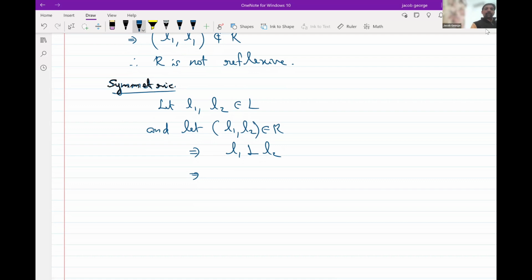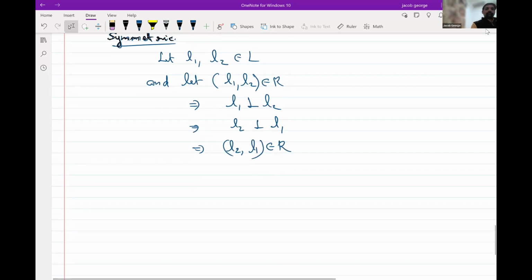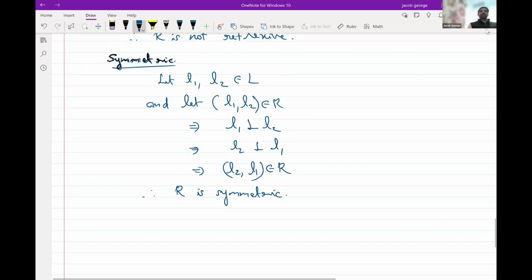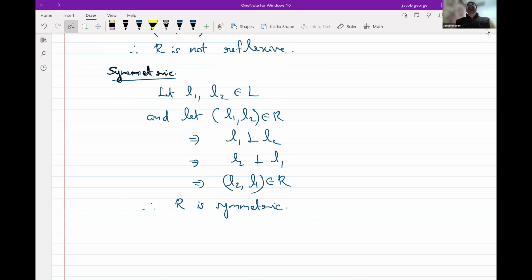We can write that if L1 is perpendicular to L2, then L2 is perpendicular to L1. Here I am not writing it in the rough space. It is understood, right? So from here you will write that L2 comma L1 is an element of R. Therefore, R is symmetric. Hope you all understood this one.